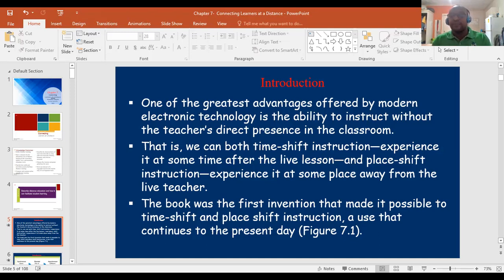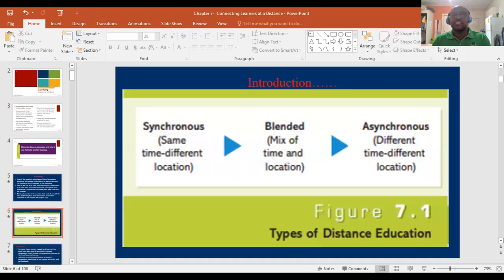And so it's a very useful book that you, a teacher, should be able to look at systematically.